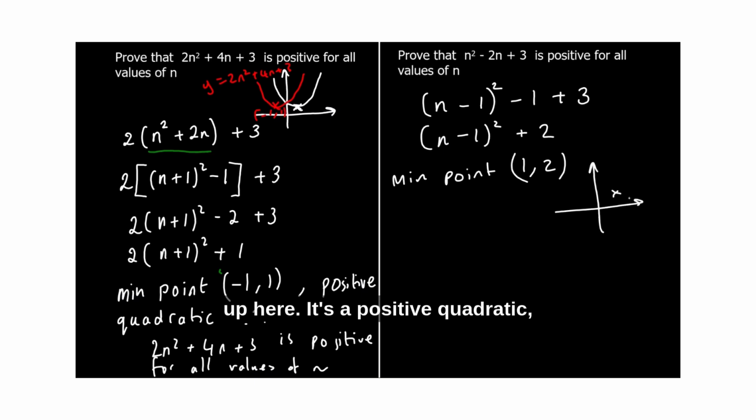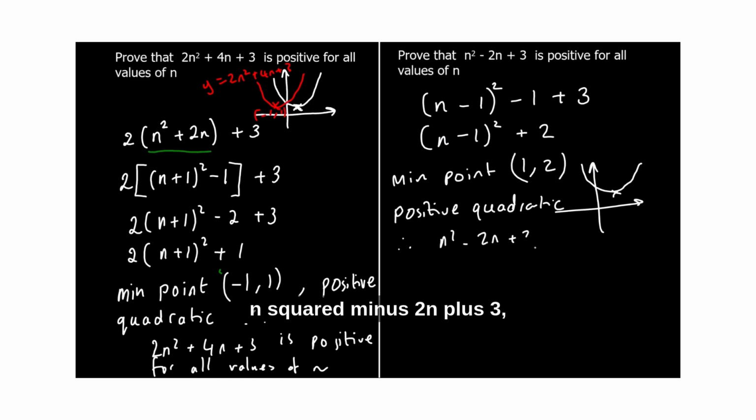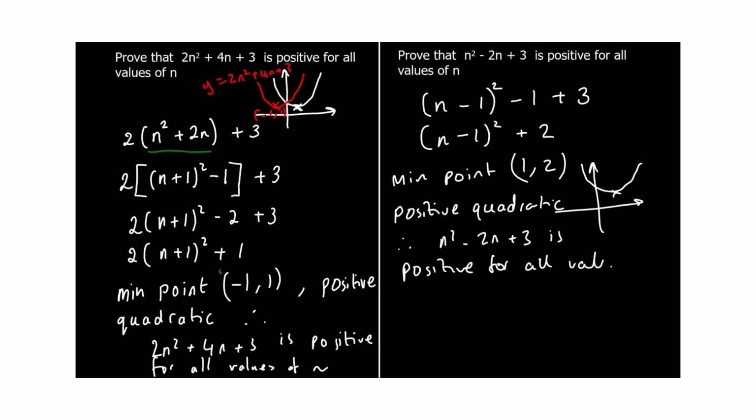It's a positive quadratic, which means it's a U shape. If it was a negative quadratic, it wouldn't always be positive. So the minimum point's at 1, 2, and it's a positive quadratic. Therefore, n squared minus 2n plus 3 is positive for all values of n.